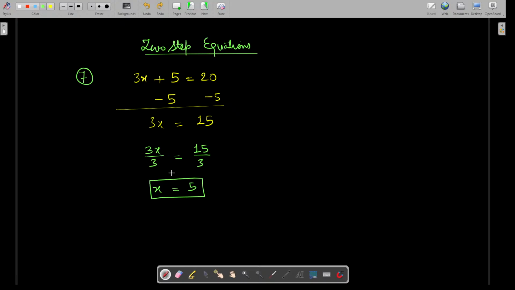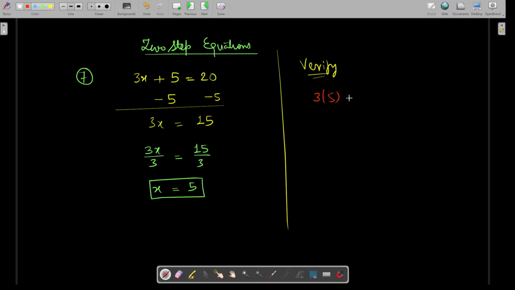So now to verify whether this is right or not, whether this is correct or not, we have to cross check it by putting it in this equation. Replace the x by 5 and see whether this value 5 makes sense or not.